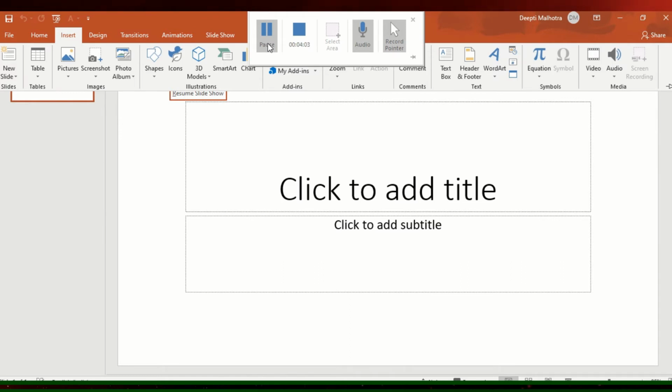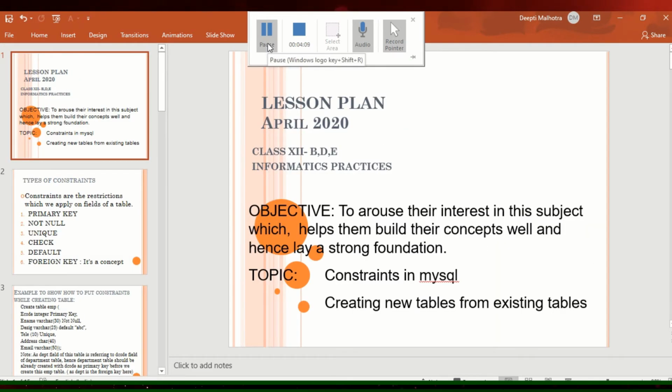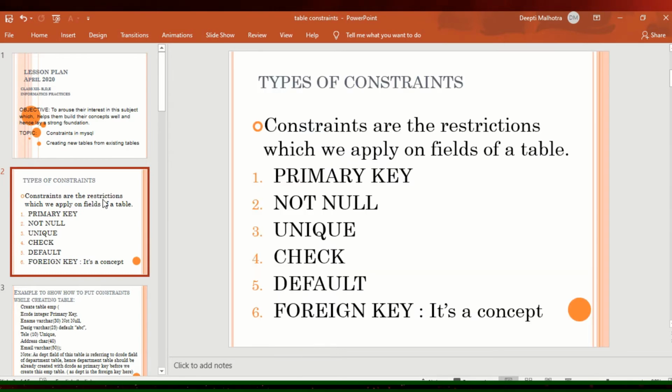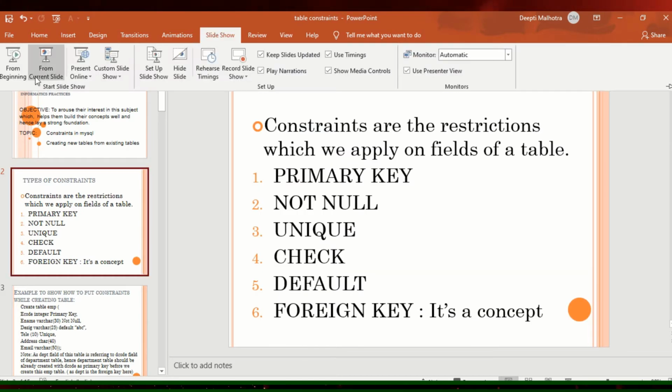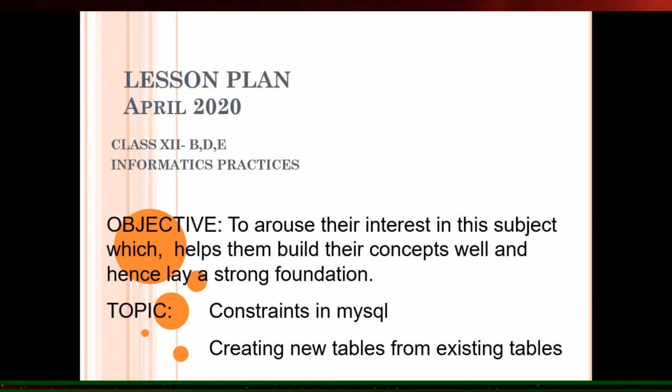Okay, so I'm expecting that this part is understood, and now I open the slide which I want to show to my students. I go to each of my slides. You can even use the slideshow so that only this slide is visible.